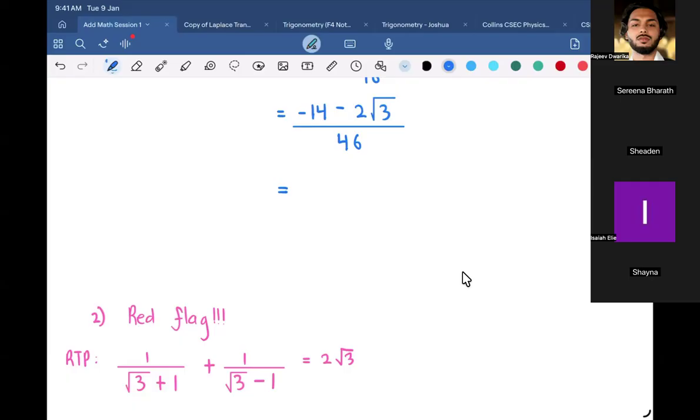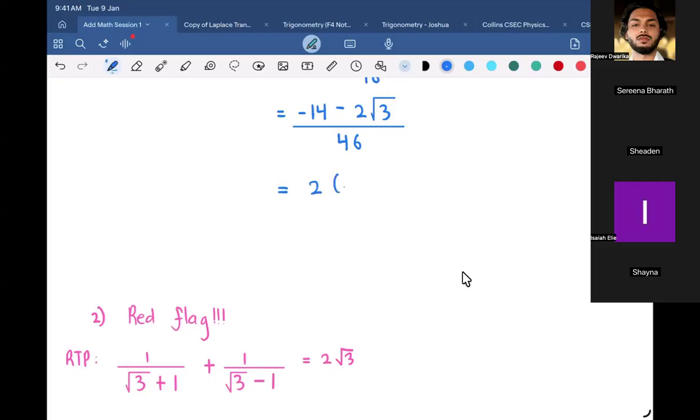So here, if we look at minus 14 and minus 2, or just simply think of it as 14 and 2, are there any common factors between 14 and 2? Tell me, Shay, any common factors? 2. Right? So if I pull out 2, what would I write on the inside?